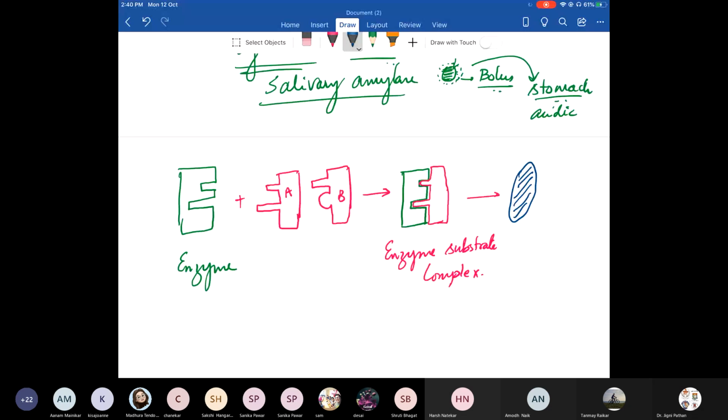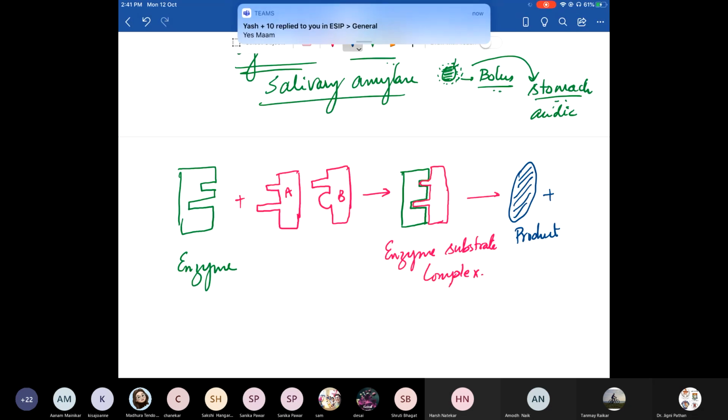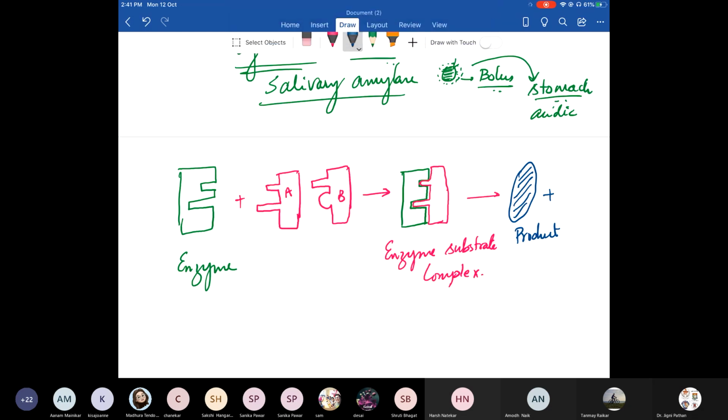This is a product. Do you think you'll get an enzyme back? Does that enzyme remain unchanged or is it changed?